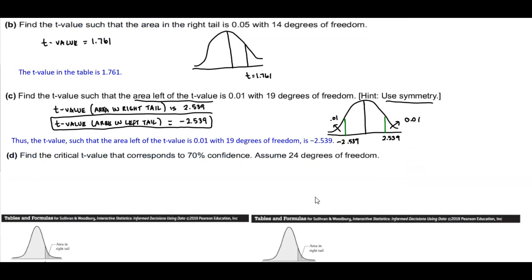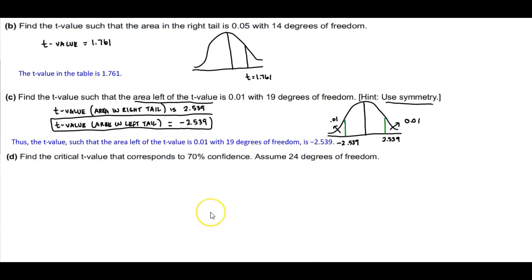Next, we want to find the critical value that corresponds to 70% confidence, and assume 24 degrees of freedom. What we're looking for is the critical value of t sub alpha divided by 2. Now we need to find alpha. We have 100%, and we subtract 70%, which gives us 30%.